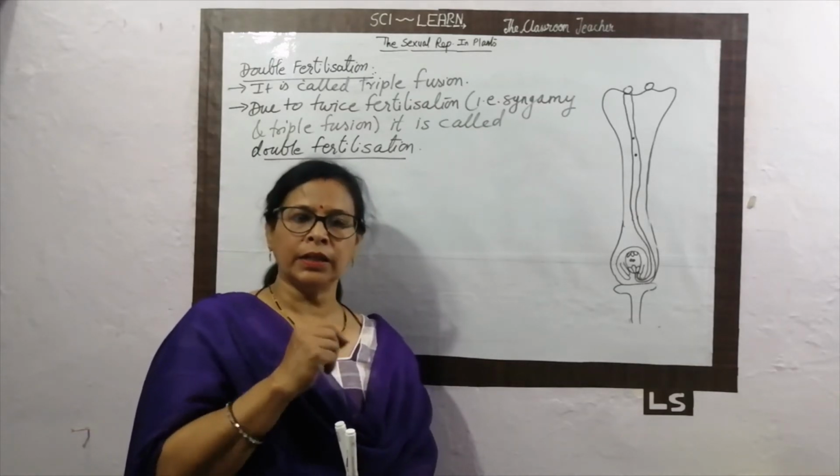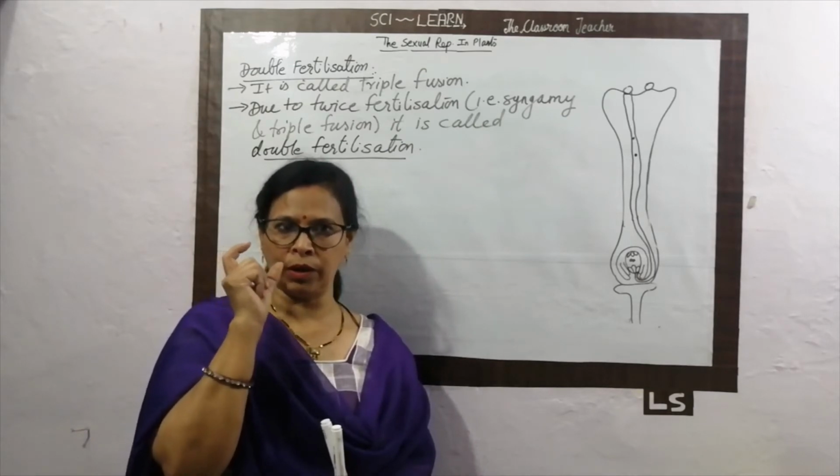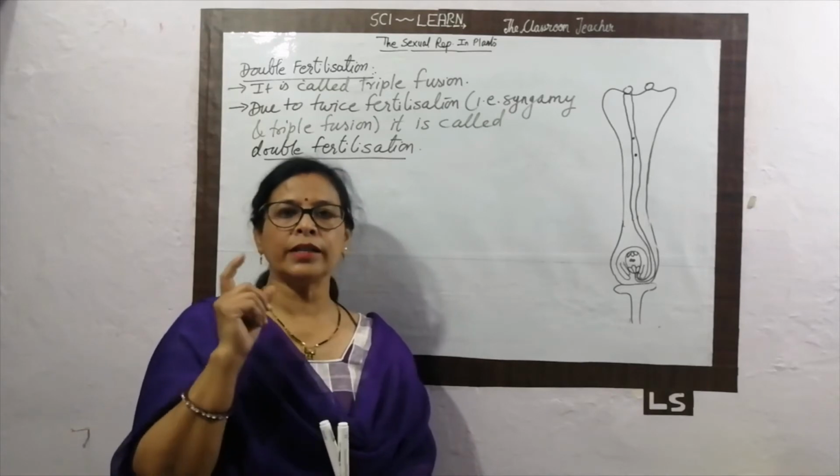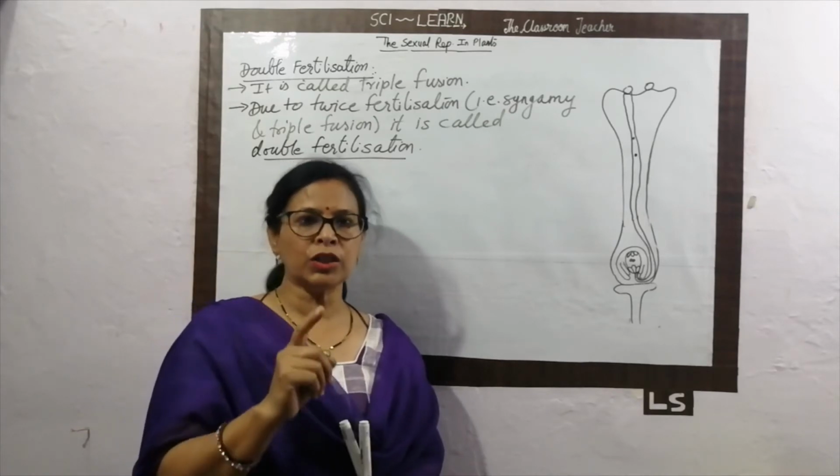Now, the nucleus formed due to the triple fusion is called the primary endosperm nucleus.